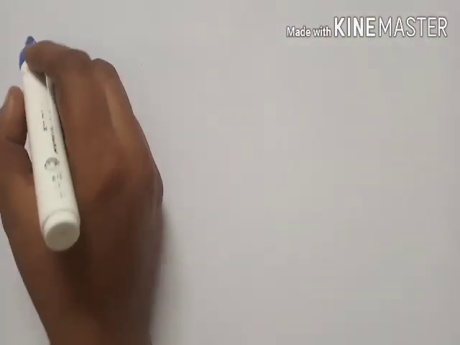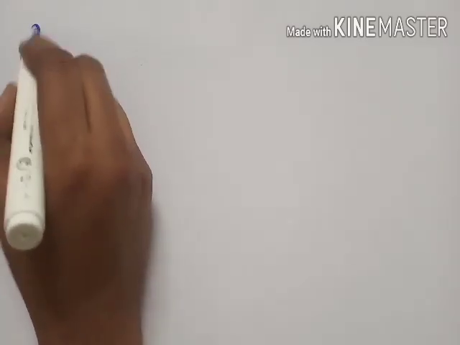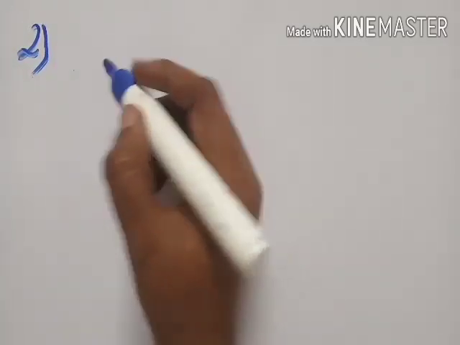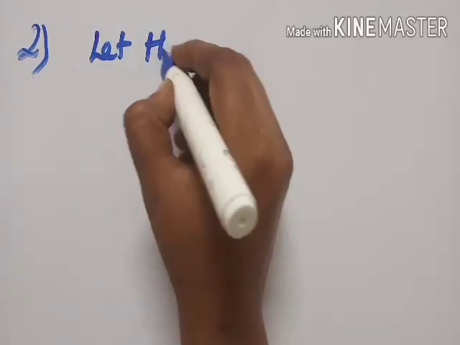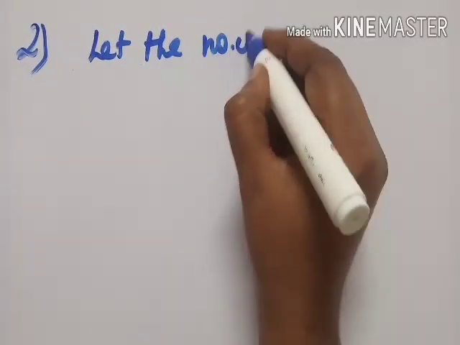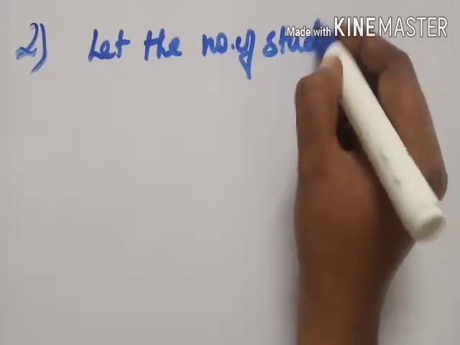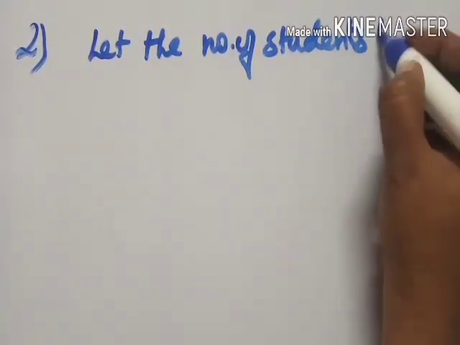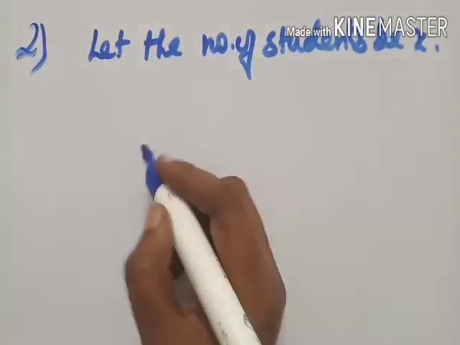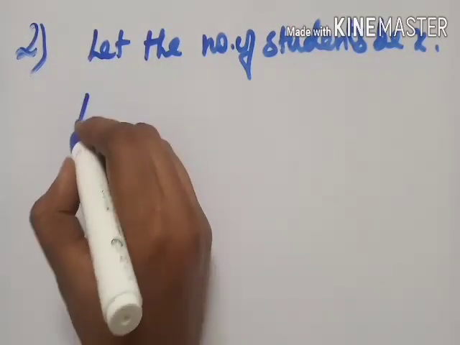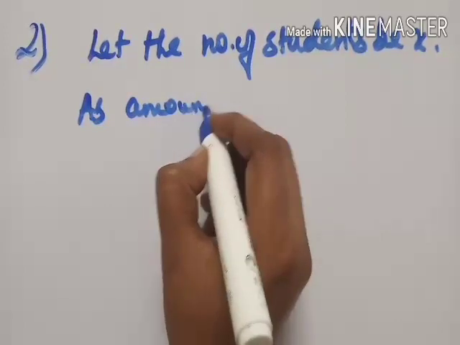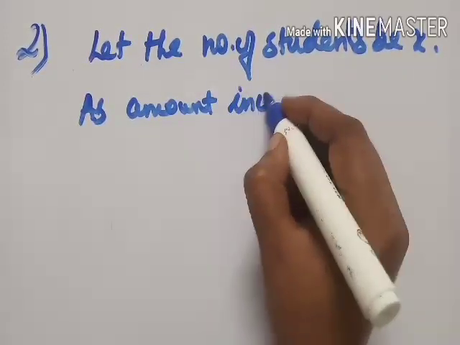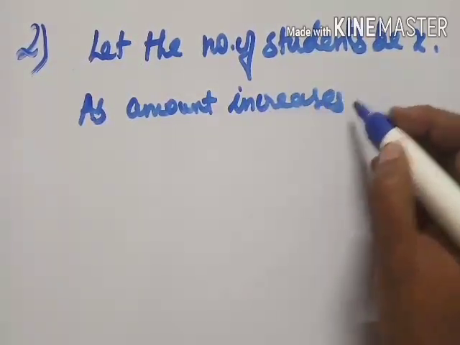Listen here. For the second one, solution. Let the number of students be X. Yes, right. So here the amount increases. So as the amount increases, what will happen?